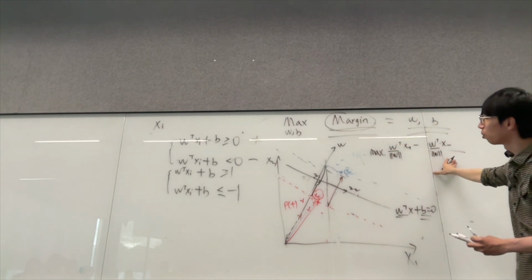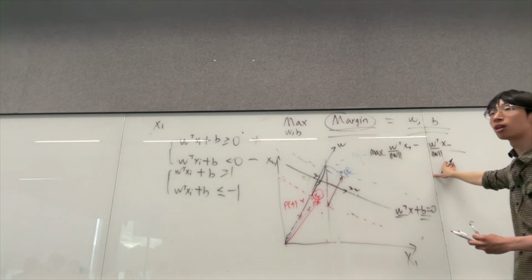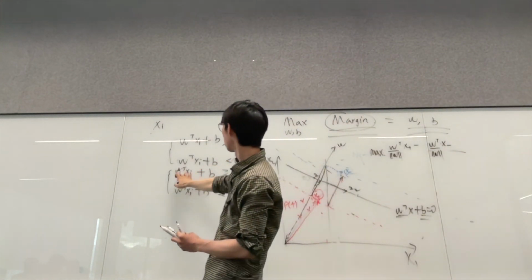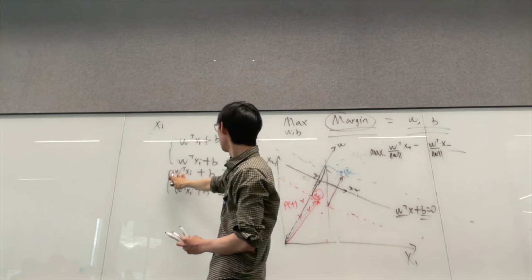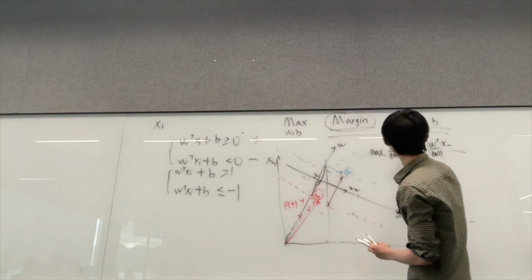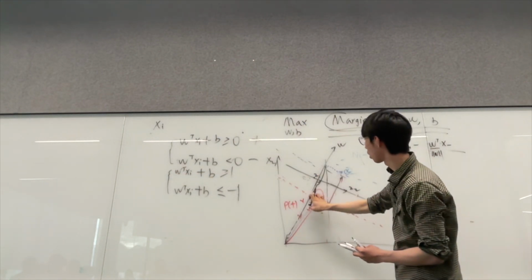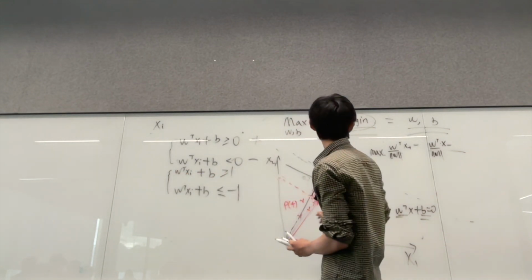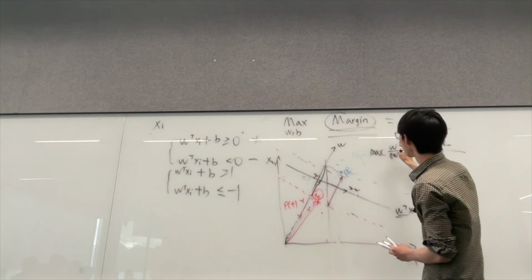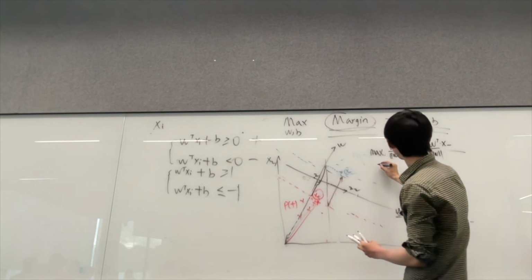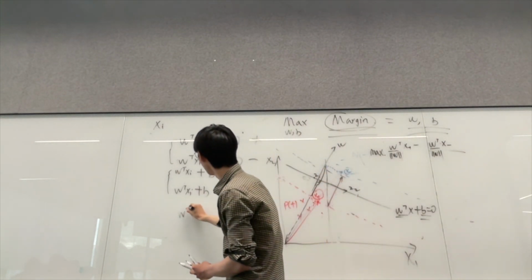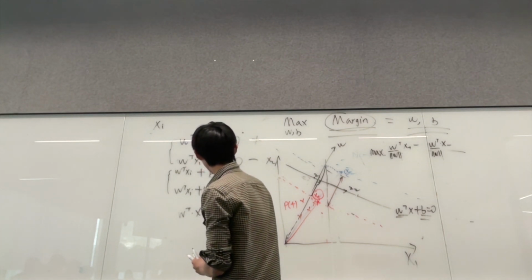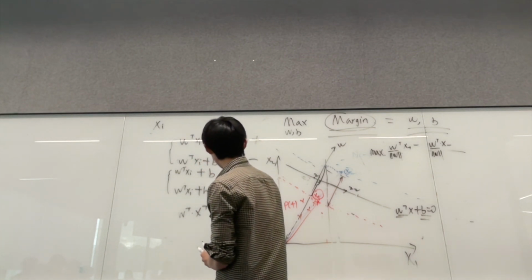Can we solve this? We can solve this. Look here. For the positive point on this line, according to this, w transpose x plus b would be equal to 1.